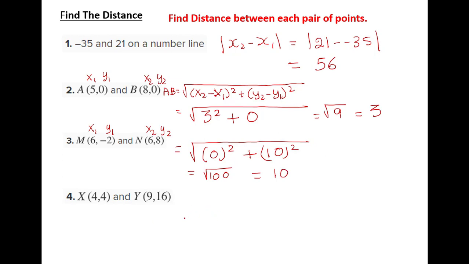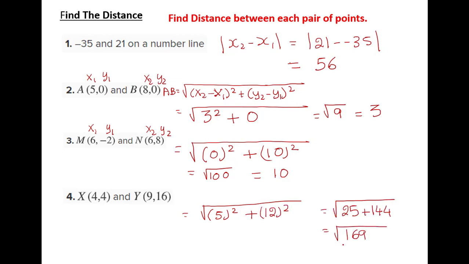Here I will do the same, but the distance XY is equal to 9 minus 4 squared, which is 5 squared, plus 16 minus 4, which is 12 squared. The square root of 169, I'll use the positive part only, which is 13.